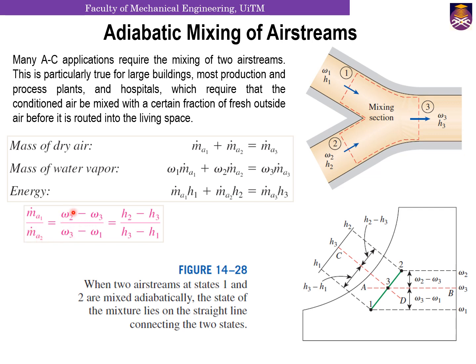You can find the specific humidity at point 3 based on the values that you've got at points 1 and 2, and you can equate this and you should be able to get your specific humidity at point 3, and you can also equate this enthalpy relationship to this ratio, and you should be able to get the enthalpy at h3. Right, so this is for adiabatic mixing of air streams.